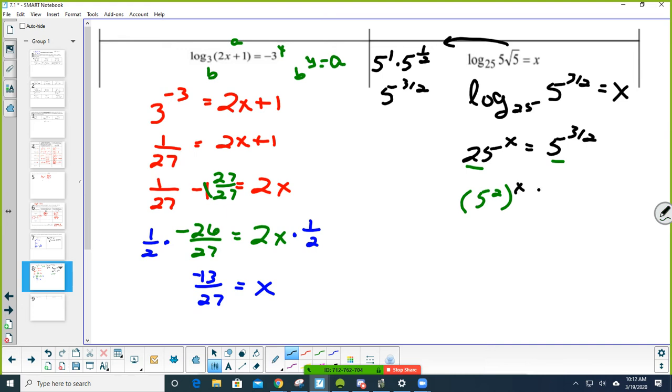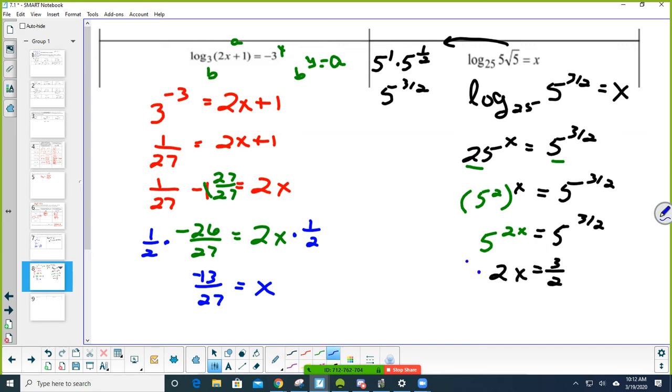Still got the x out there, 5 to the 3/2 over here. And remember, up here we had two bases, so we add our powers. Down here, we have one base, so we multiply our powers. And then, just like chapter 6, as soon as you get your bases to be the same, you're just going to set your powers equal to each other.